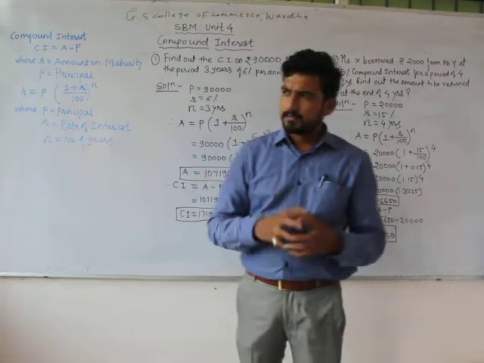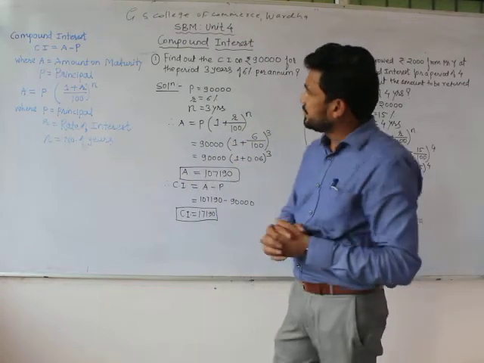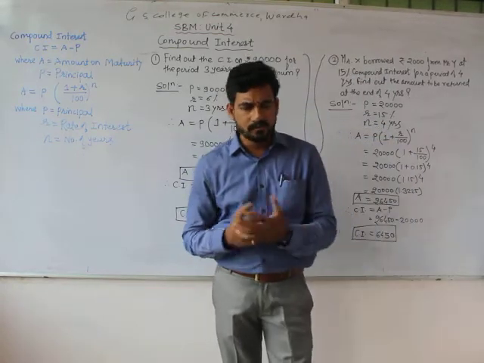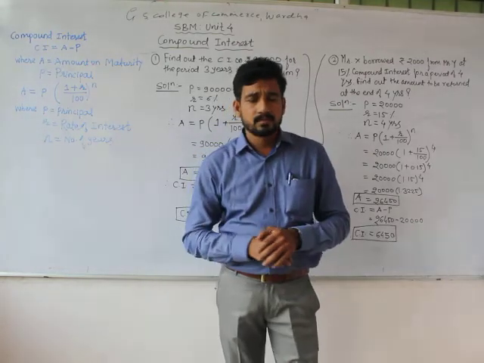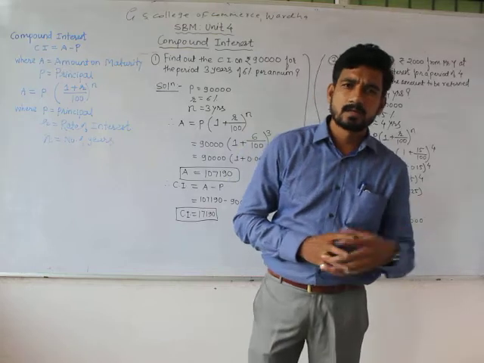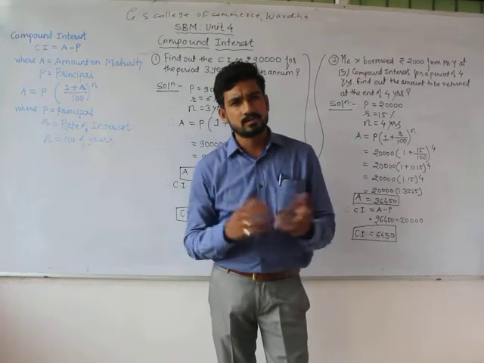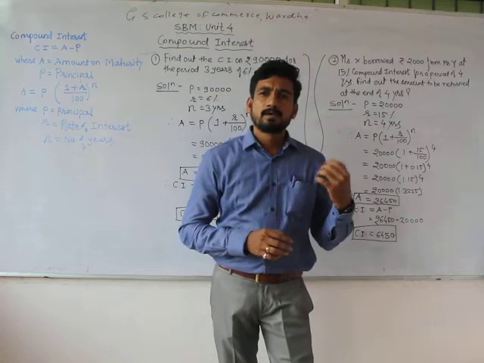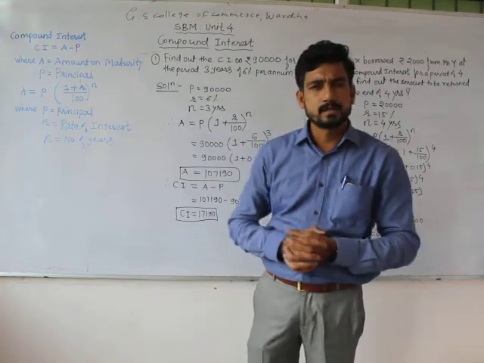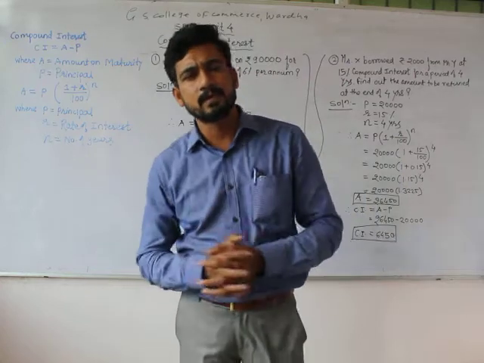So once again, let me give you a brief of what we are going to see today. The second part of interest that we have in our syllabus is compound interest. In the last lecture we finished simple interest, a very simple thing: PNR divided by 100, where we needed principal, rate of interest and number of years, and divided by 100.